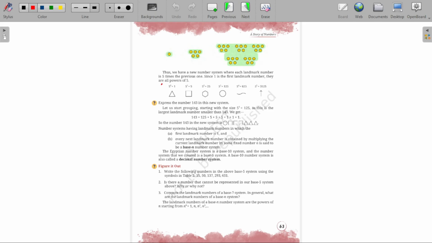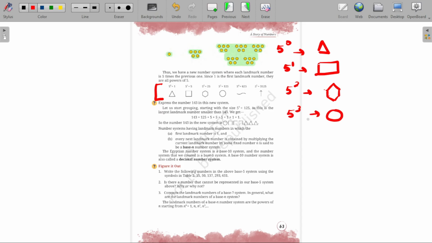Here is the symbolic way: 5 raised to 0 can be represented as a triangle, 5 raised to 1 is a square, 5 squared is a hexagon, and 5 cubed is represented with the help of a circle.